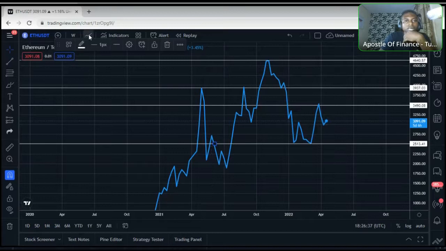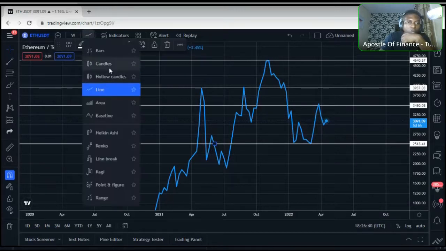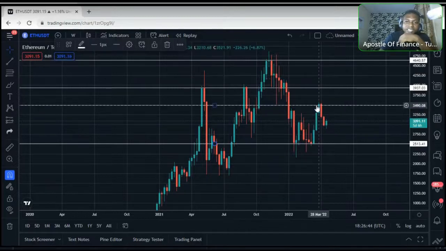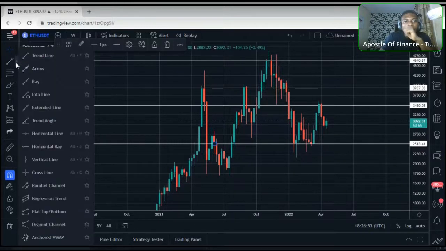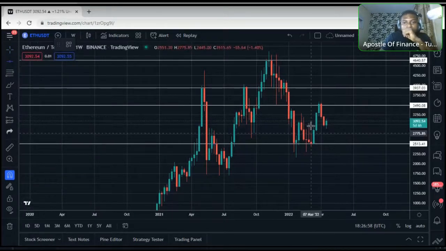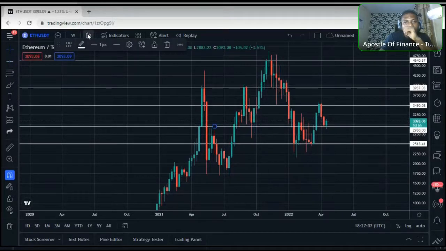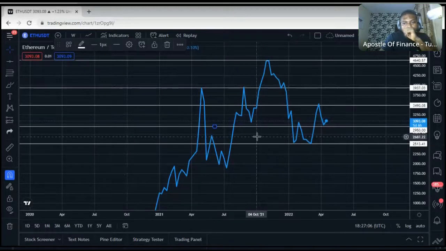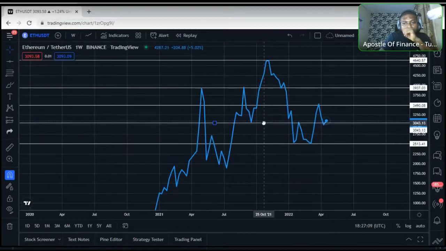So let's go back to the candlestick to see clearly what happened. You can see here, price came to this resistance level and was rejected. Now, there's another minor resistance level to observe in between this chart, which is this level. Let's check it out on the line chart. Do you see this level?